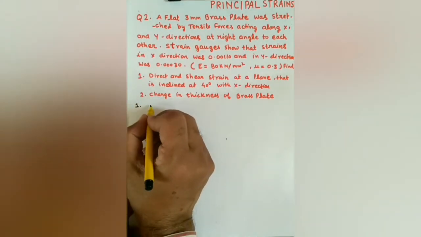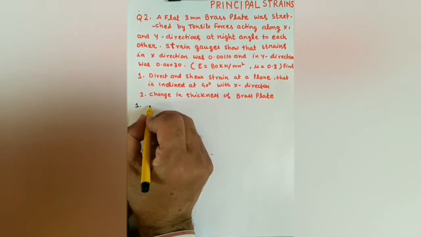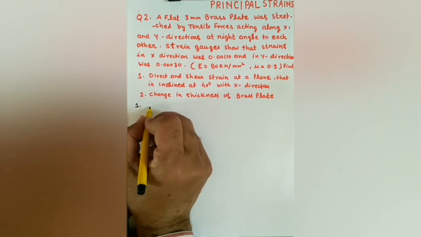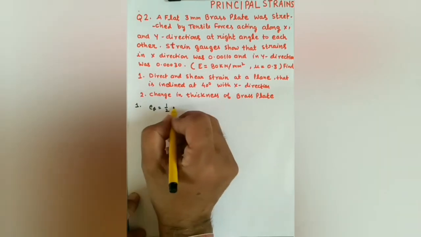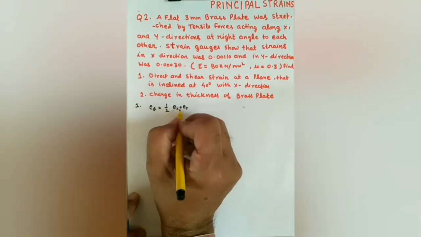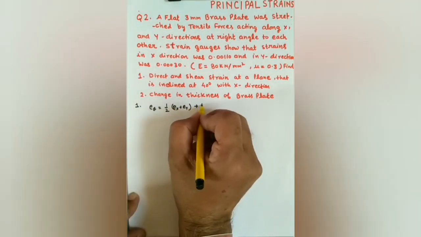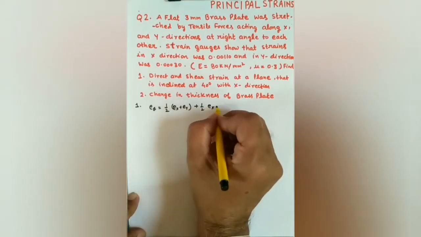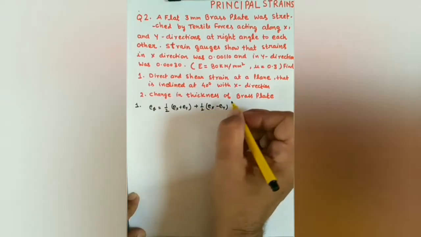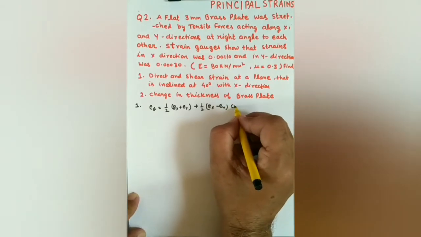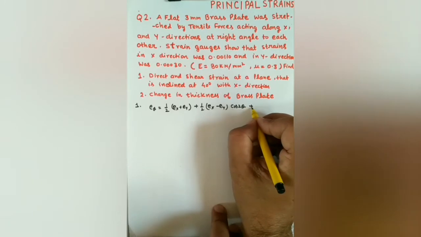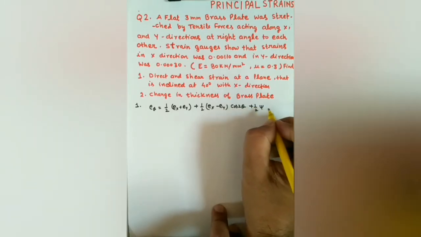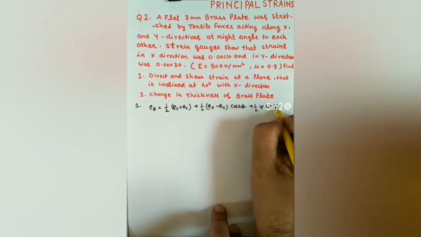We know that the direct strain at a plane which is inclined by theta degree is given by E theta is equal to 1 by 2 (Ex plus Ey) plus 1 by 2 (Ex minus Ey) cos of 2 theta plus 1 by 2 psi cos of 2 theta.